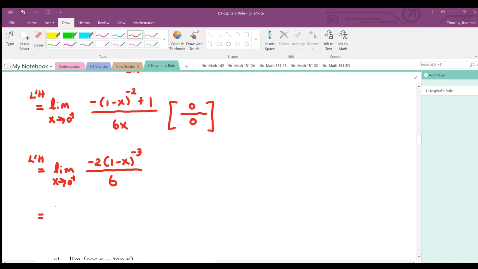So this becomes the limit as x approaches 0 from the right of -1 over 3 times 1 minus x cubed. So if you let x go to 0 here, this is just -1 all over 3 times 1 minus 0 cubed. So that's 1 cubed. So this is just -1/3.